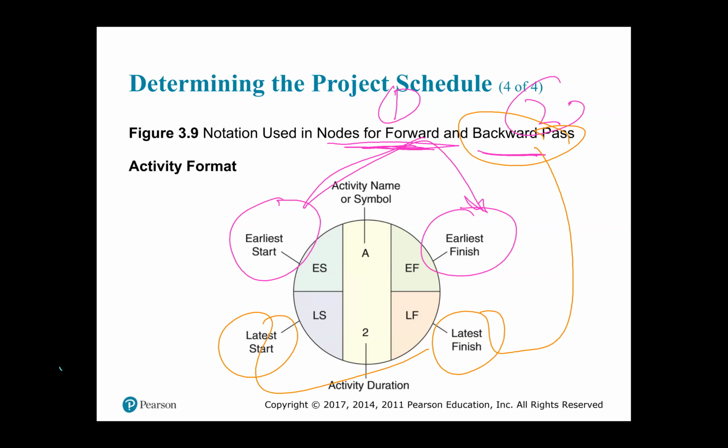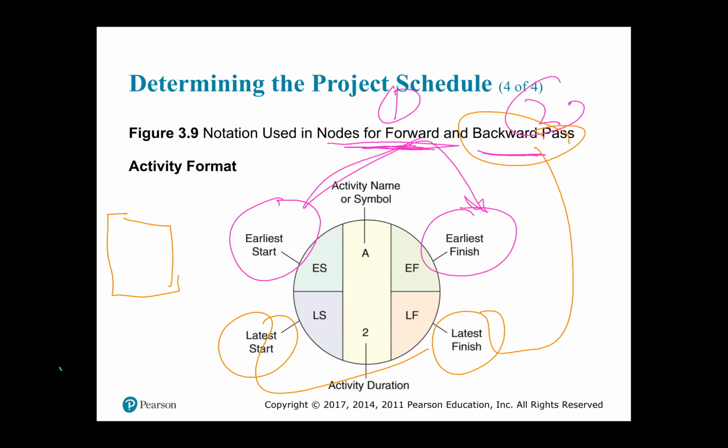Now, in the node, remember I said that the node can also be drawn as a square or a rectangle. I use the circle. So if you prefer to use the square or the rectangle, that is fine. What must happen though is that you must be consistent in the display of the information in the node.